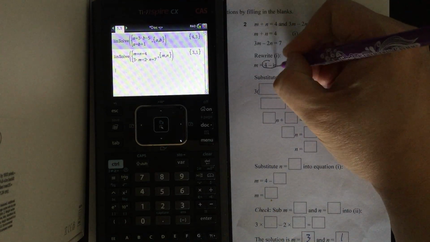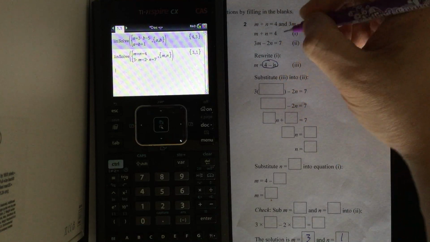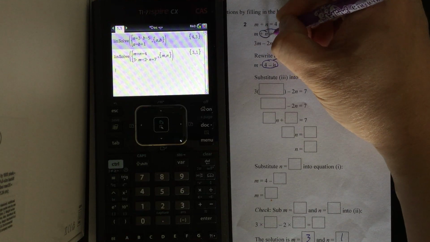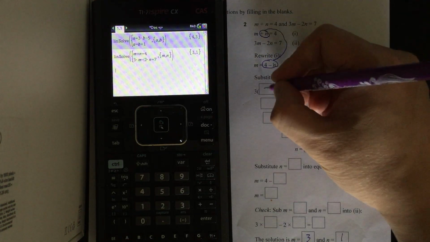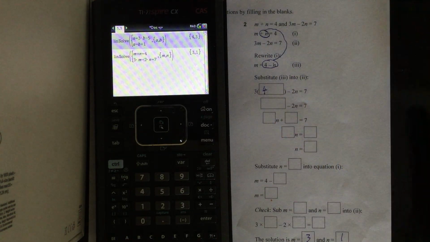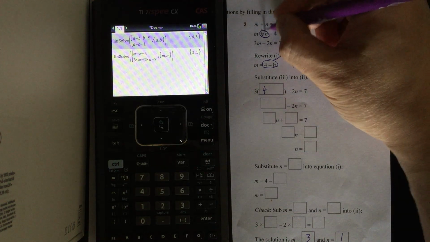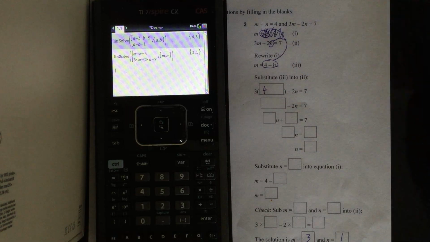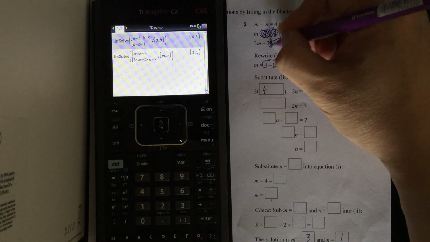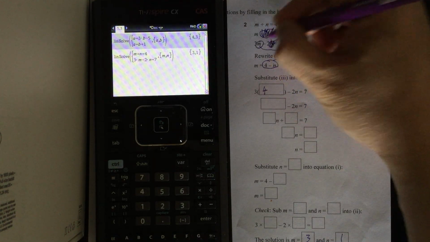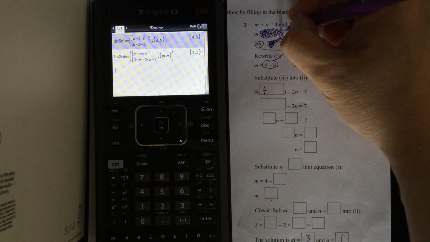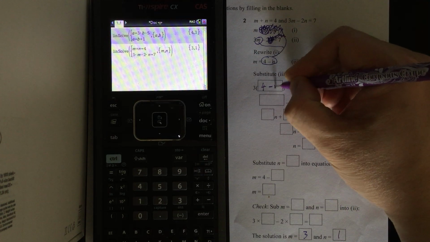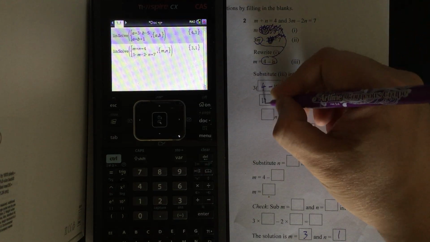We are basically translating that into the second equation and replacing m with 4 minus n. I'm so sorry, it looks like a dog's breakfast. So 3 times m, where m is 4 minus n. Expand the bracket: 12 minus 3n.